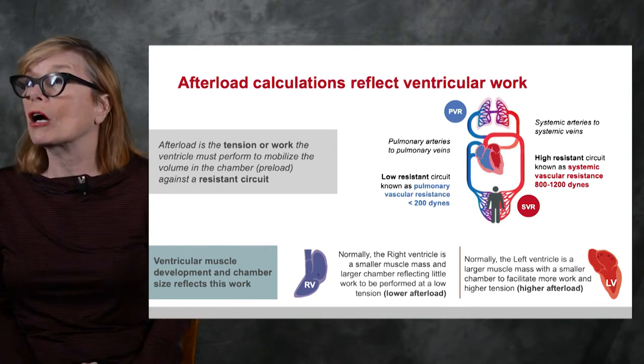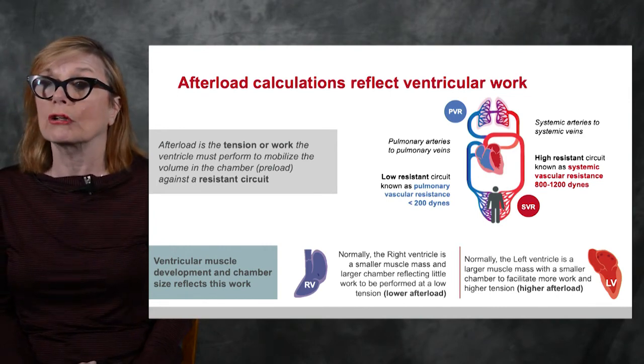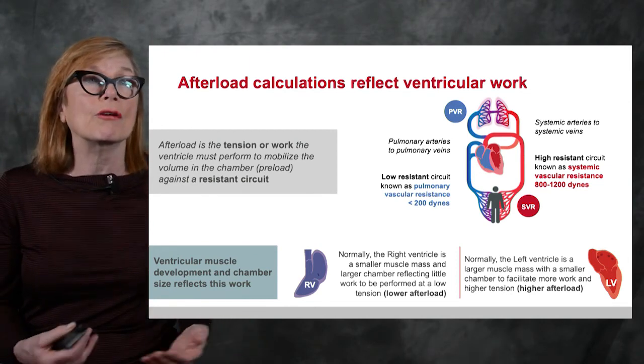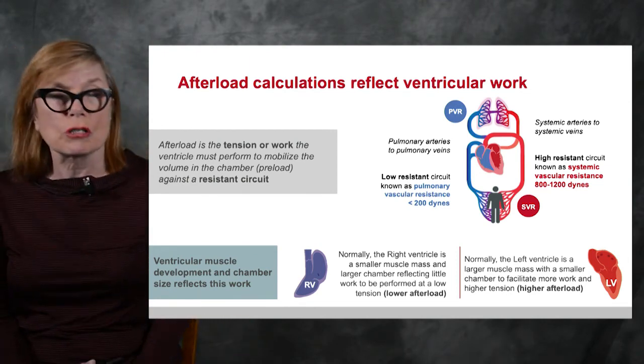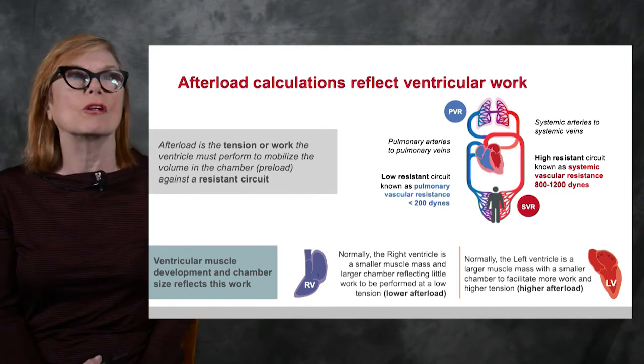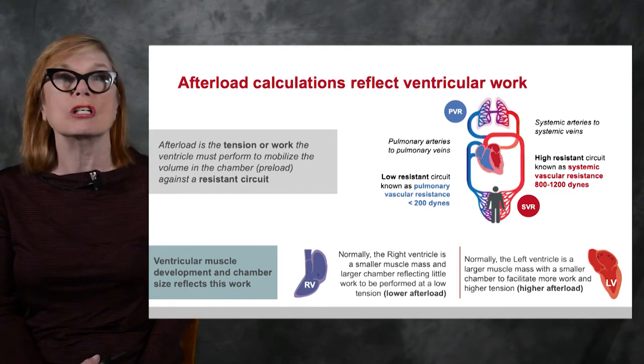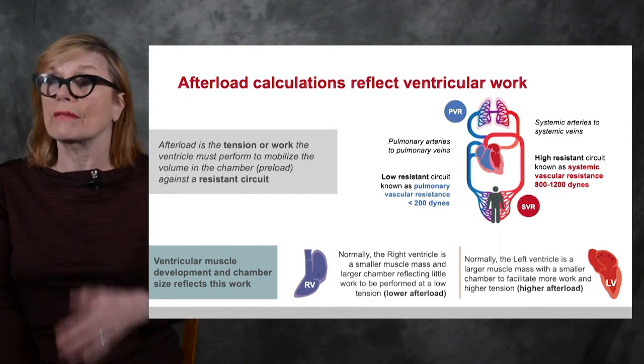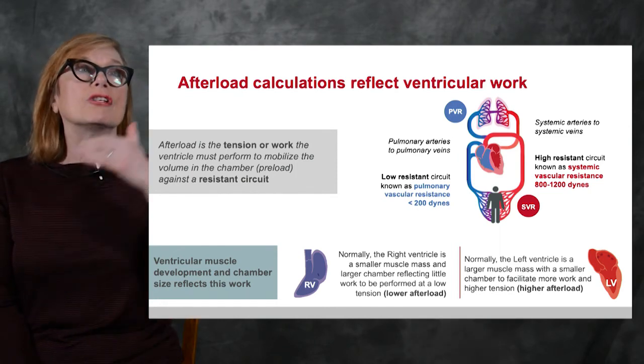Now remember, we talked about right versus left ventricular resistance and resistance in the artery. We actually do a small calculation for this. That's called the afterload calculation. Afterload is a calculation that looks at the amount of pressure at the beginning of the circuit to the end of the circuit.